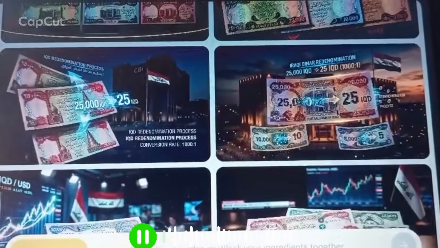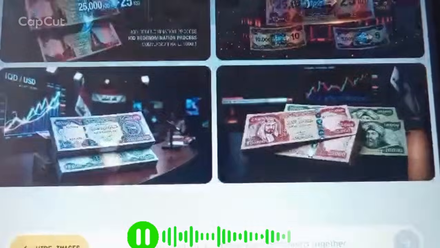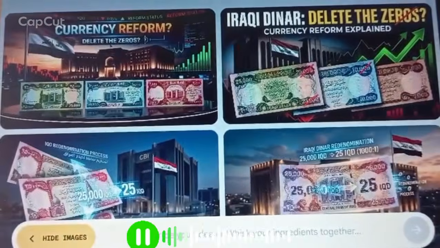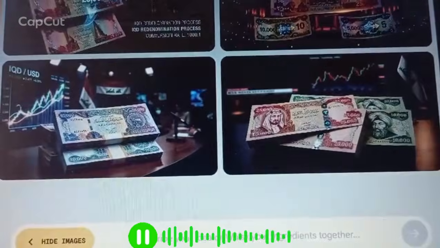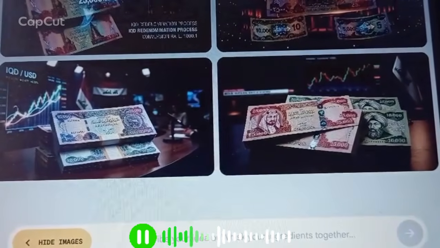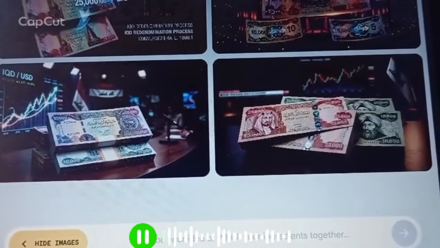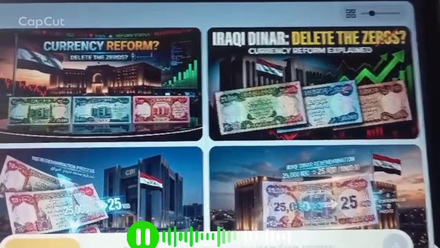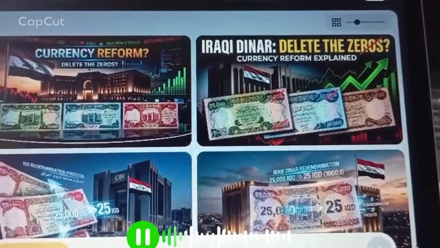The idea of deleting zeros is certainly an important subject because if Iraq were ever to implement such a reform, it could affect virtually every part of the economy, from cash transactions and bank accounts to government budgets and business pricing. But the economic meaning of the reform would depend on the details.